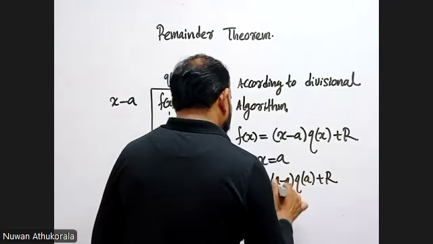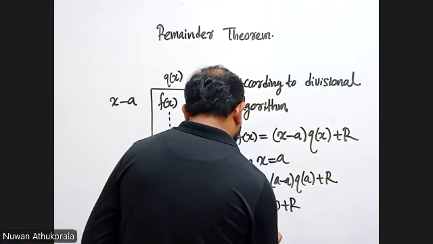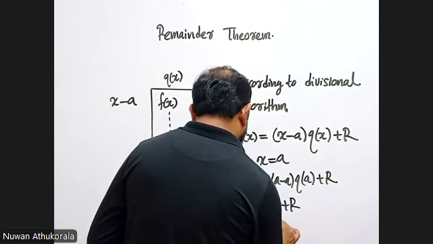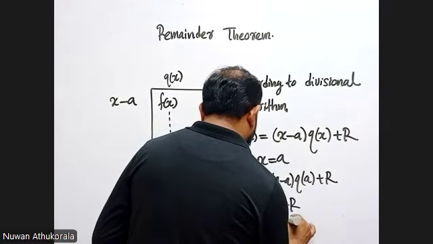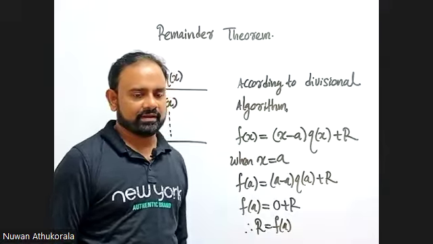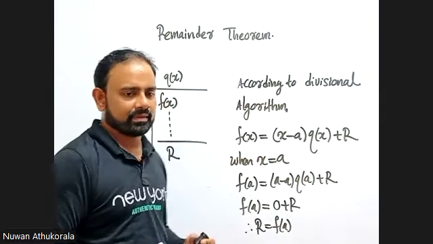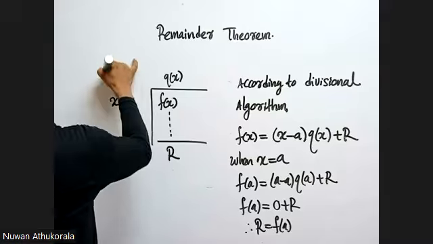The answer of this product is 0 plus R. Therefore, the remainder R is equal to f(a). This is the proof of the remainder theorem, right?